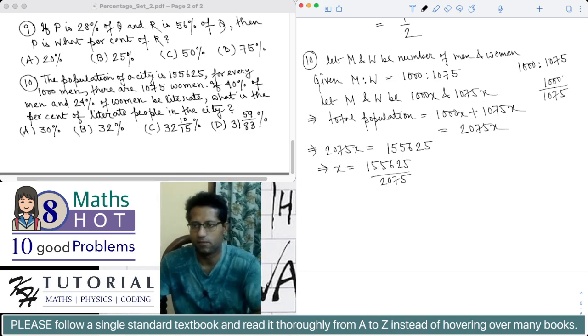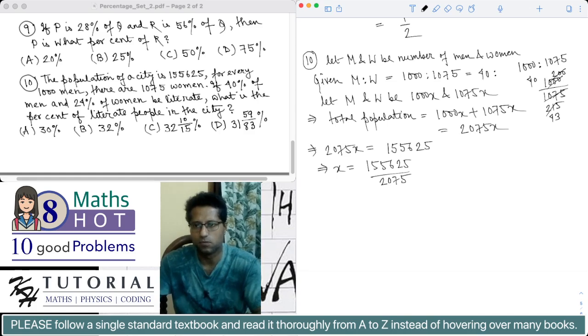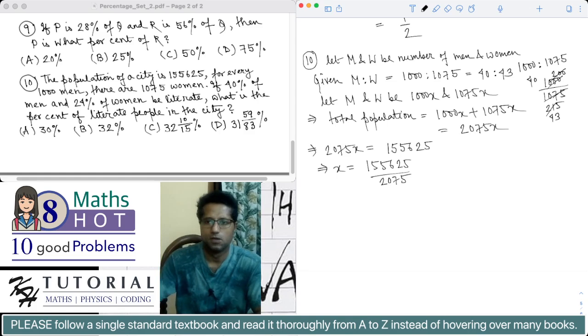We divide by 5, we have 200 and 215. Then again divide by 5, we have 40 and 43. So this is 40 is to 43. Then we will consider M and W to be 40x and 43x.